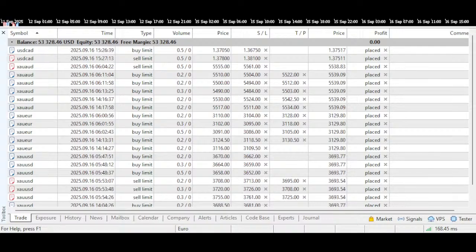Then another trade we can look for is pound CAD and euro CAD. The pound CAD, if you look into this, is in a range on all the time frames, with the high seen at 187.80.